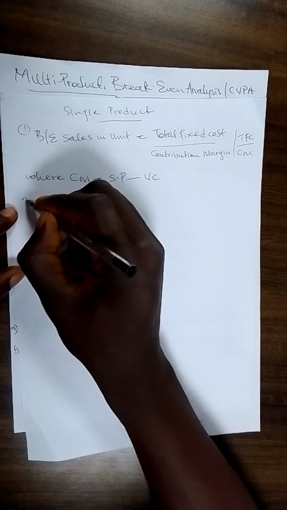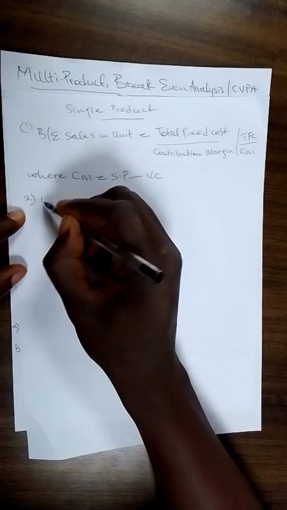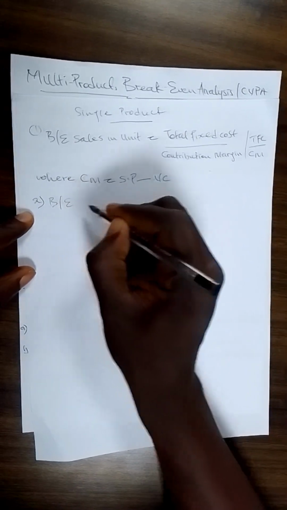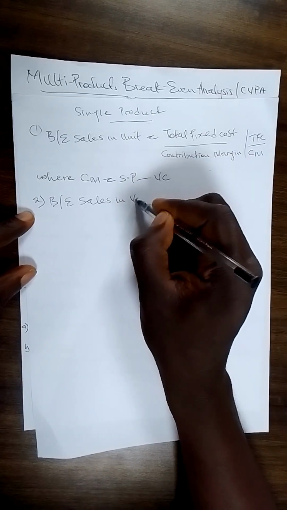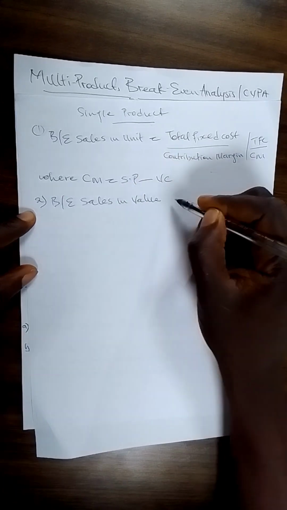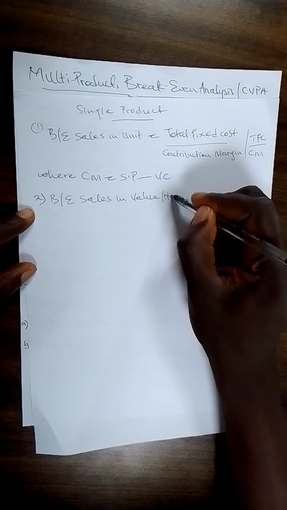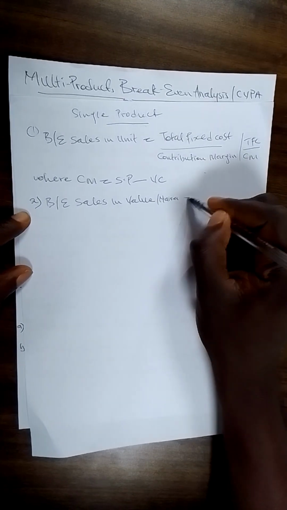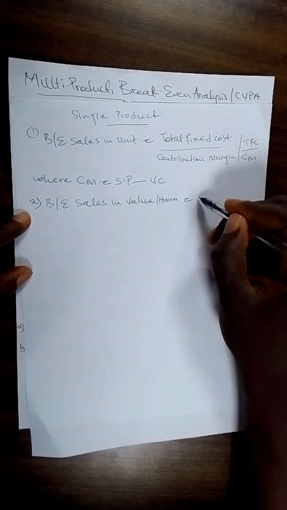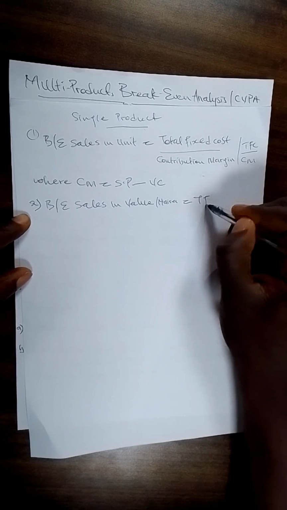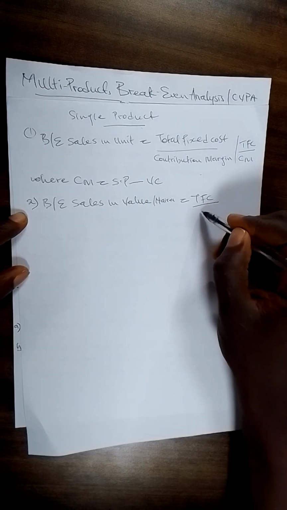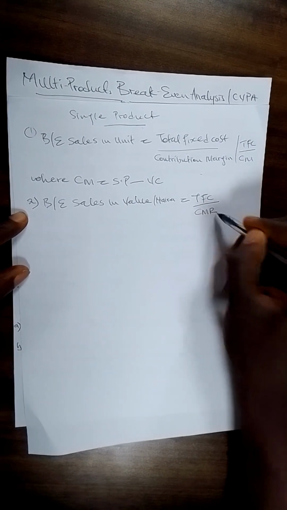And we said the second formula in computing the break-even sales in value, or the naira, or whichever currency that you are using, is computed by looking at the total fixed costs all over the CMR.